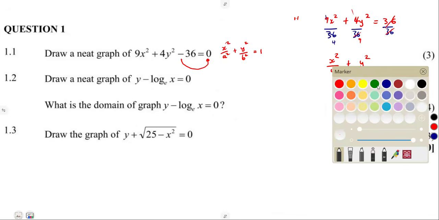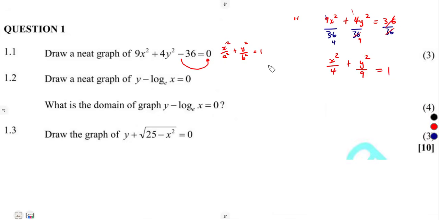So as we can see from the format, a squared and b squared, that is the 4 and the 9 that we have. 4 can actually be written as 2 squared, so if you want, you can rewrite it as x squared over 2 squared plus y squared over 3 squared, which is equal to 1, where a and b represent the intercepts: x is equal to a and y is equal to b.